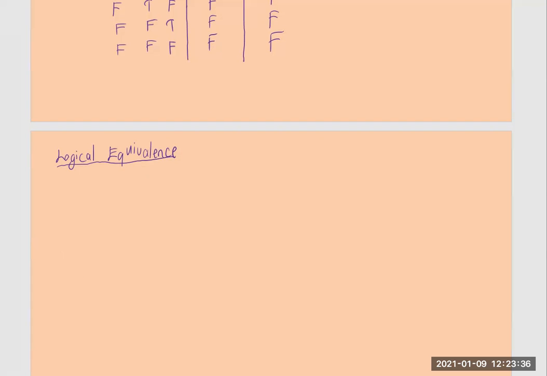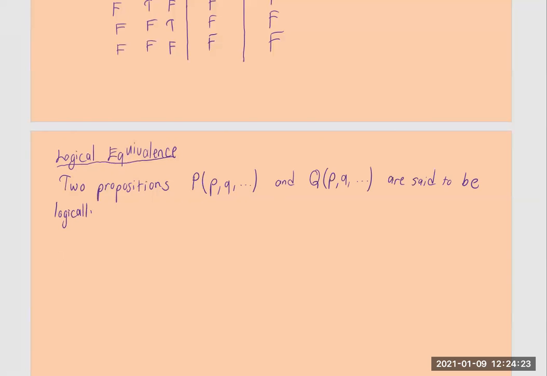And let's write the definition. Two propositions, like P and Q, where inside the P there is P, Q and something more, and inside Q also some combination of P, Q and so on, are said to be logically equivalent, or simply equivalent, right?